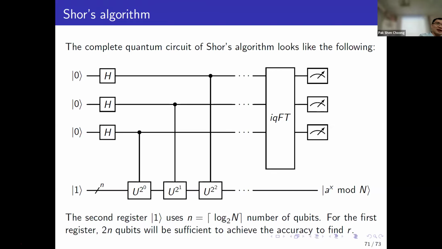Essentially, the number of qubits has to cover the number 15. If it doesn't cover 15, you cannot factor it. So how about 21? How many qubits should I use? 5.